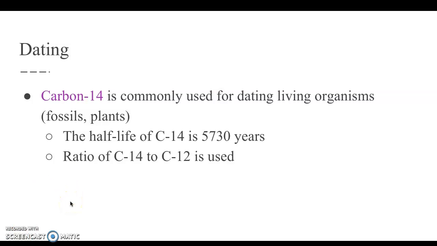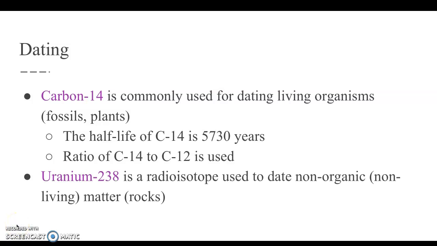Carbon-14, I think, is the one you hear the most because this is what archaeologists are using, but it's not the only radioisotope that's used for dating. Another common radioisotope is uranium-238. Carbon-14 is used for living organisms, or what was once living organisms. Uranium-238 is used for non-living, or non-organic matter, so rocks.